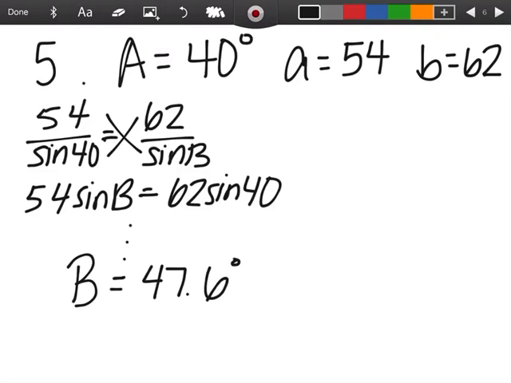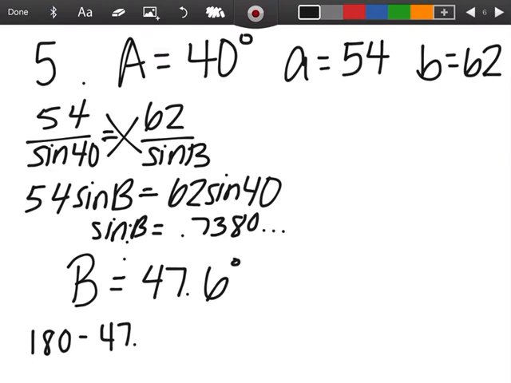So it could be that B is 47.6 because the sine of 47.6 is this 62 sine 40 divided by 54, so sine of B equals 0.73, etc. And so B could be 47.6, but B could also be 180 minus 47.6, which is 132.4, because the sine of 132.4 is also this same number.